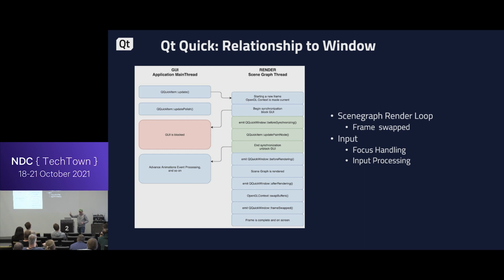And it's actually the window that's facilitating all of the rendering of the scene, making sure that things are getting updated and that it's rendering at the right times. So at least the way that Qt Quick's architected, the window is everything.